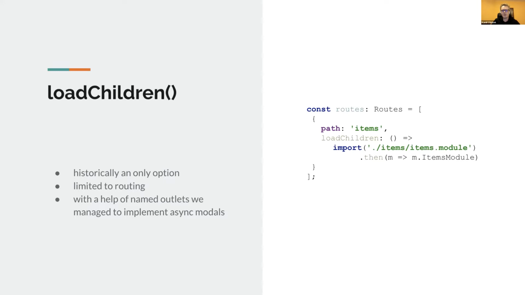But the main limitation of this approach is that it's used to load whole feature modules during activation of a specific route path. Despite this limitation, at CalDoc we managed to use loadChildren along with named router outlets to implement lazy loaded modals.